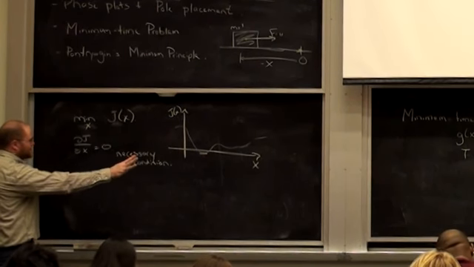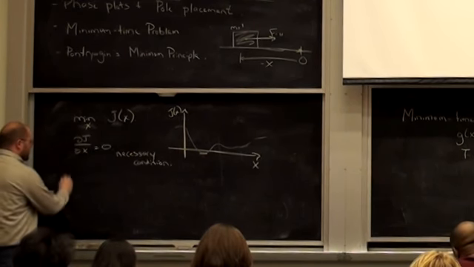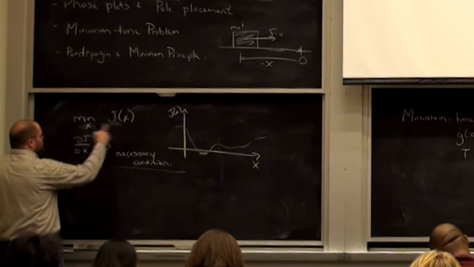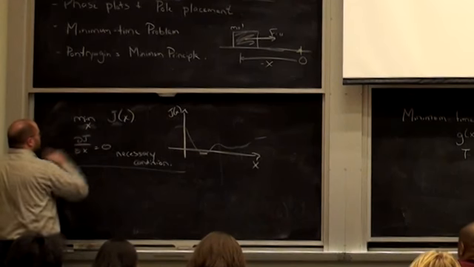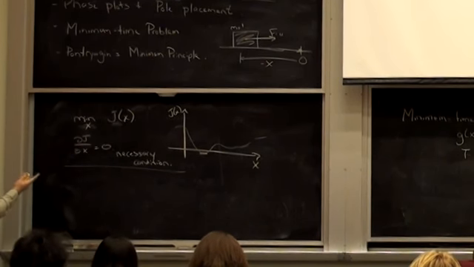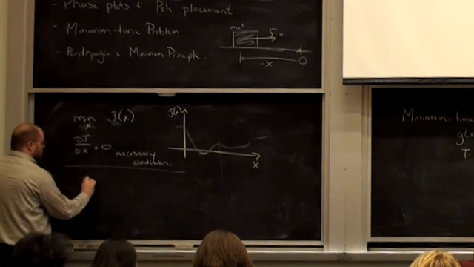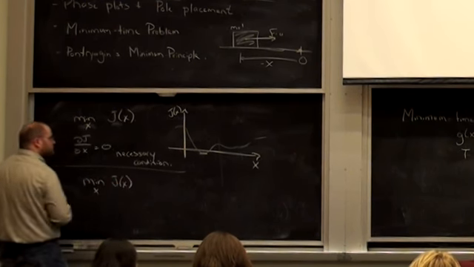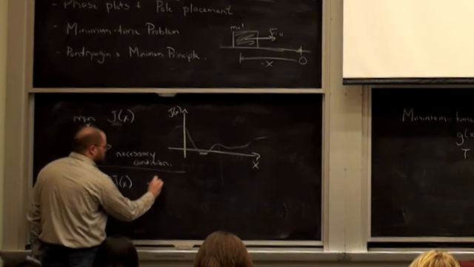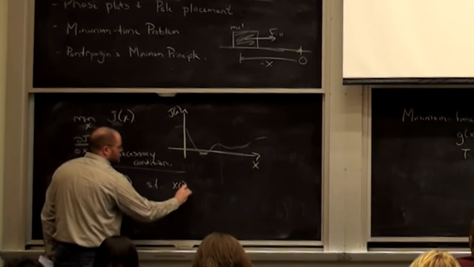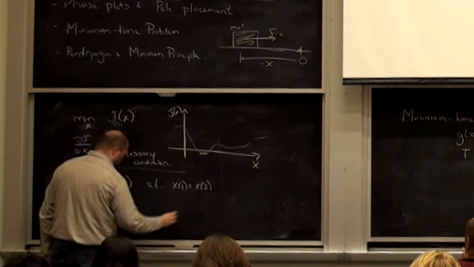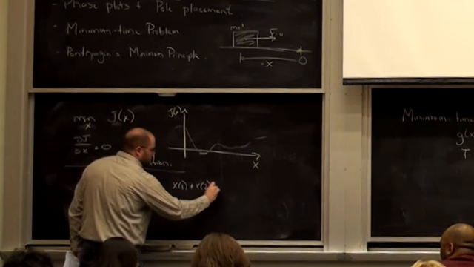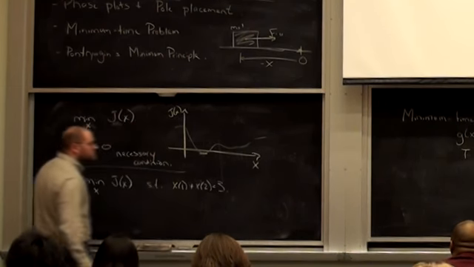The second part is the Lagrange multiplier part. Now let's say x is a two-dimensional vector. Let's say I want to do the optimization min J of x subject to the constraint that x1 plus x2 is 3.